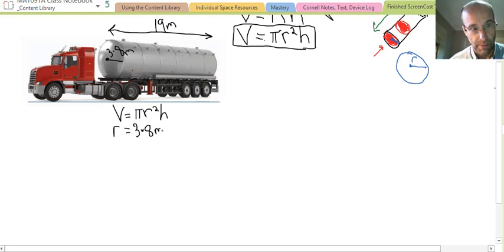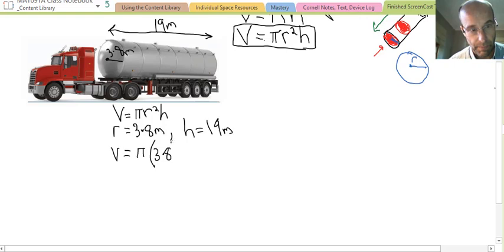Write down the given information, 3.8 meters. H, yes, H is 19, the height of that cylinder along its main axis. We've got 19 meters. We've got enough information now to substitute into the rule. You should set your work out fully like this every time. If you're not doing that, you're not doing it properly, and you'll be asked to do the work again.